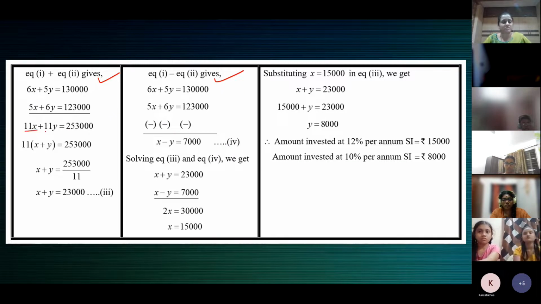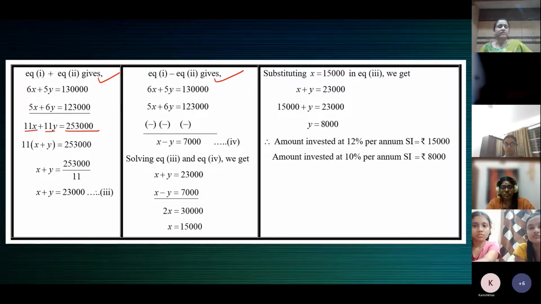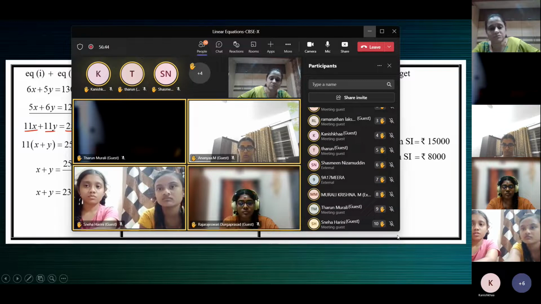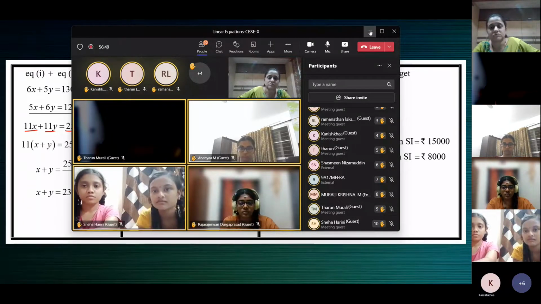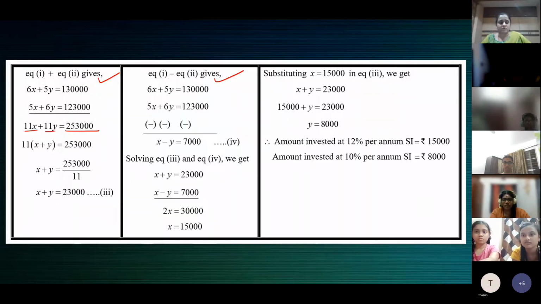So say here 11x plus 11y is equal to 2,53,000. Are we all listening? Yes, ma'am. So every time you use a special method, there will be something common between the three terms.